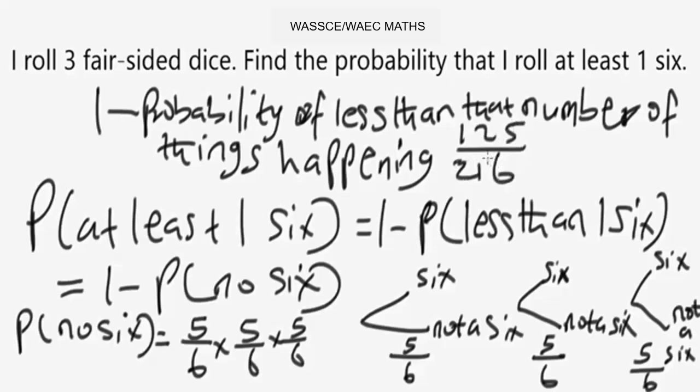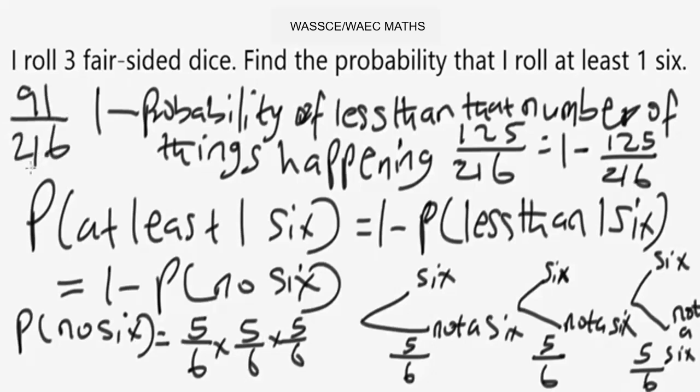Now our final result will be to subtract this value from 1. It will be 1 minus 125/216. So when you punch it into the calculator, you're going to have 91/216, and that will be the probability that I will get at least one 6.